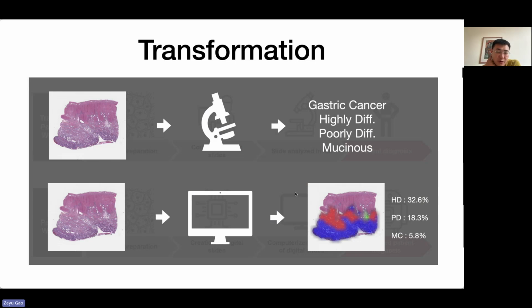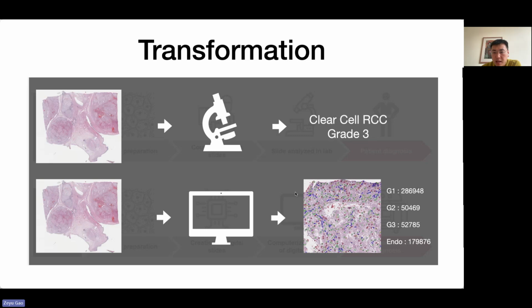Especially for some tasks, if you rely on macroscopy, pathologists have limited time, so they can only do diagnosis, like whether the gastric cancer is highly differentiated, poorly differentiated, or mixed. But it's hard for pathologists to do quantification, like the percentage or proportion of each histotype. Actually, the proportion of each subtype is important for downstream analysis or treatment.